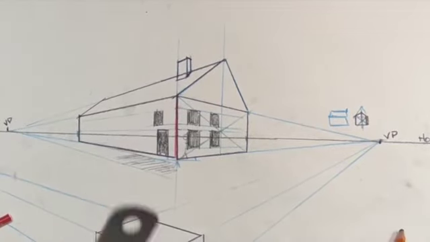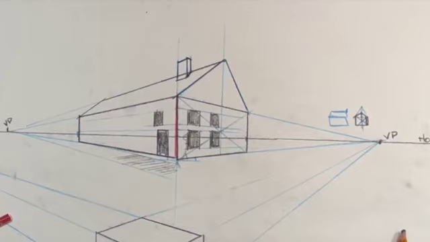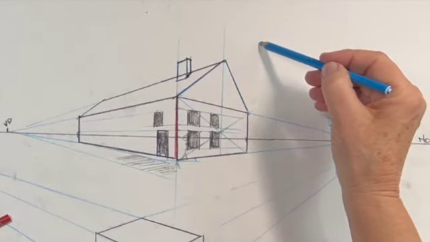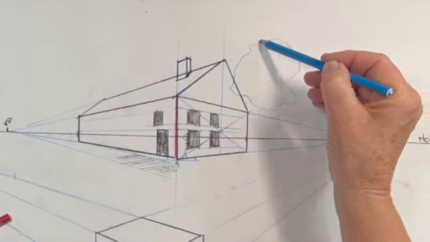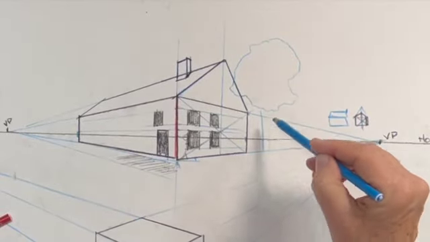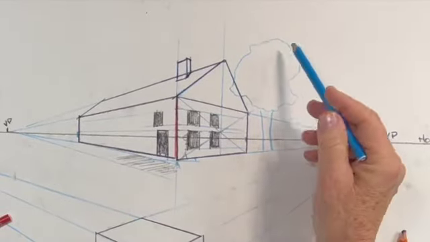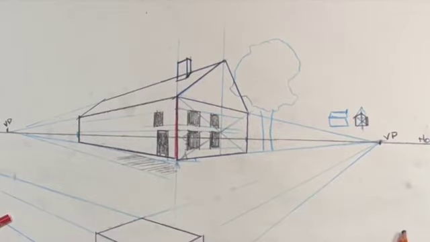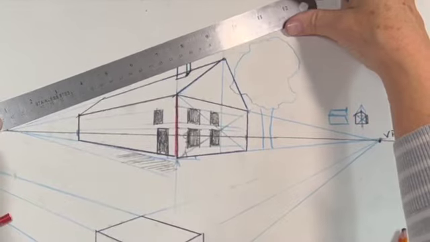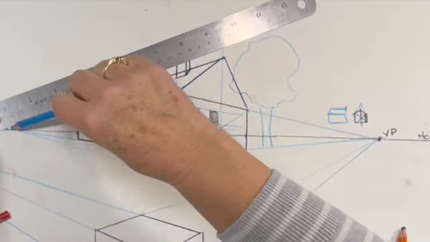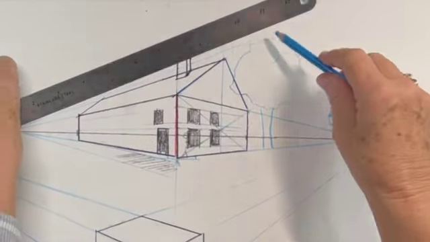What if we had identical trees? Say if there were a tree out here near the house. Tree. And there was another tree on the other side of the house that's similar, same height. We could easily determine that with more lines.